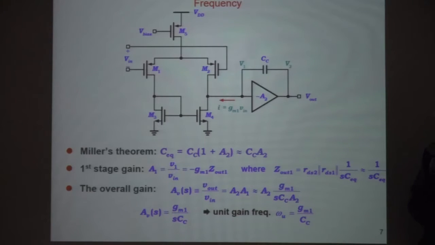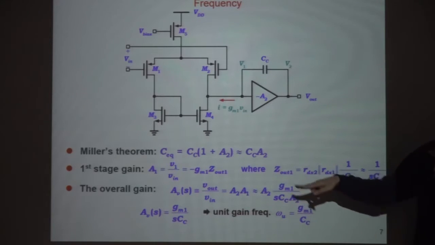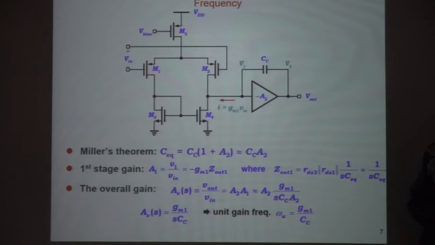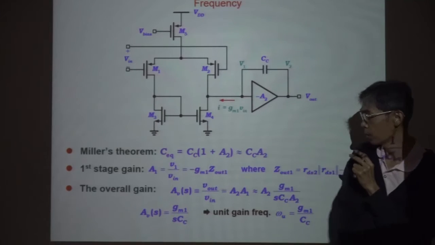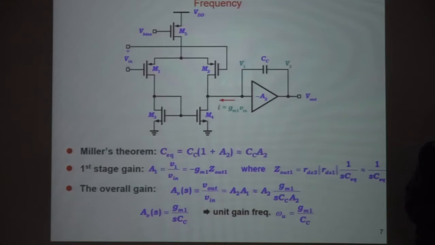S equals j omega. Which equation? GM1 over SCC. I mean, what is the out one? Total Z from one step for differential circuit. So, I mean, okay, explain this equation.